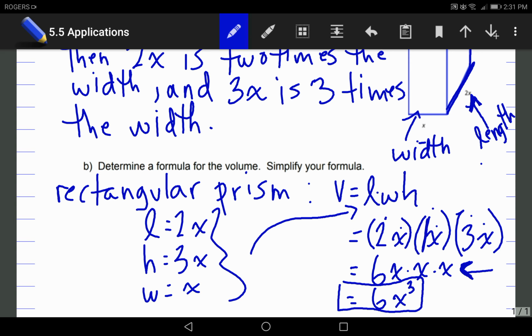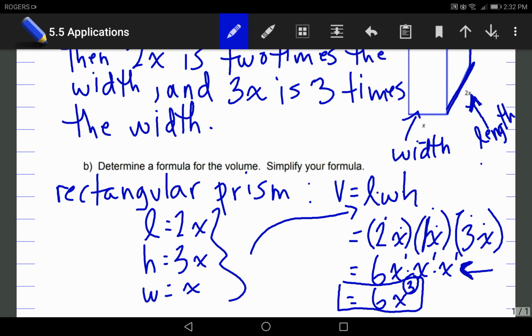An easier or an easy way, I told you in section 5.3, that an easy way to multiply when you're multiplying variables is you can just add their exponents. So each one of these x's actually has an exponent of 1 on top that you don't write, but it's understood that all of them have an exponent of 1. 1 plus 1 plus 1, that's where your 3 comes from.